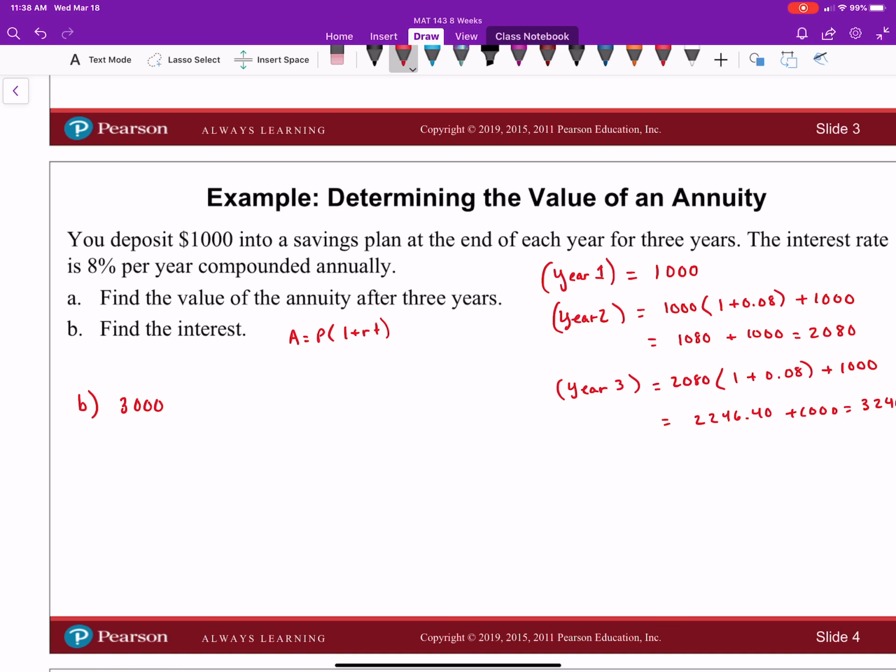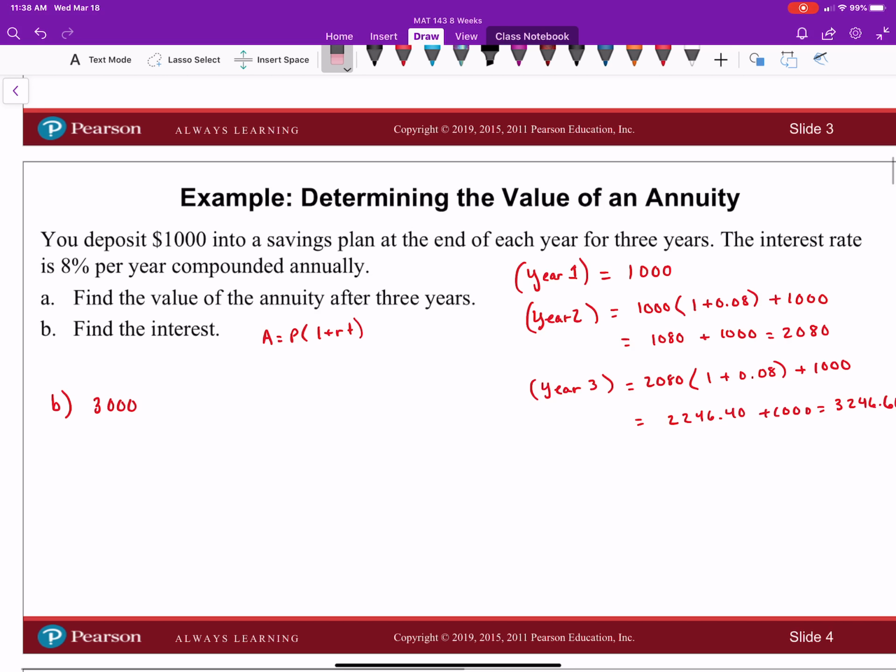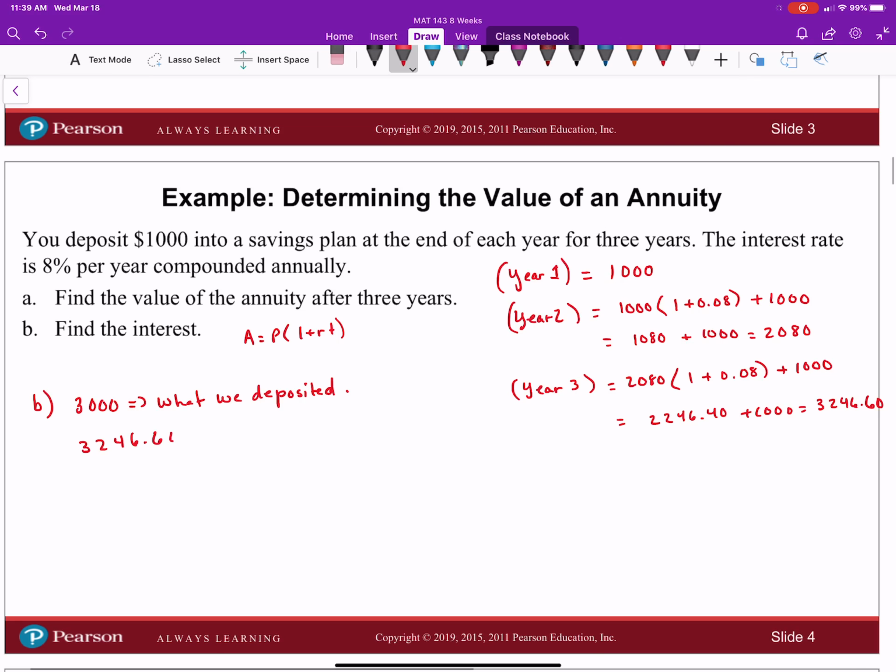So this is what we put in, which is the 3,000, what we deposited. The $3,246.40 is what we ended up with.